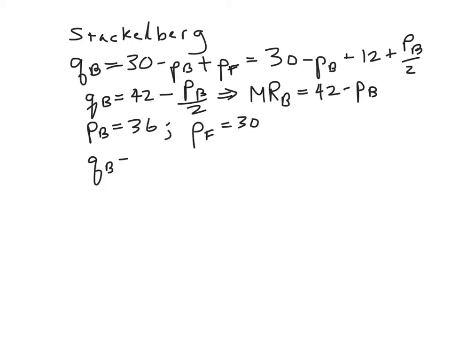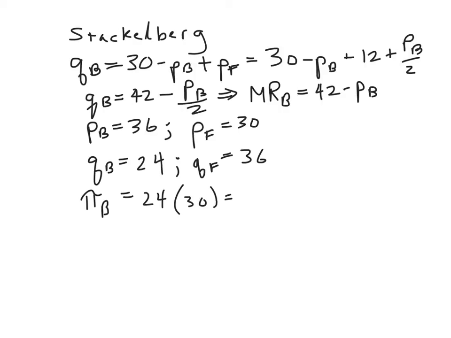Plugging those numbers into the demand curves, we find that Babette sells 24 rounds of cheese, and Francois sells 36 rounds of cheese. All right, well, let's look at profits. Babette's profits are equal to the 24 rounds she sells times her price minus marginal cost, which is 36 minus 6, or 30. And we end up seeing that Babette makes 720.